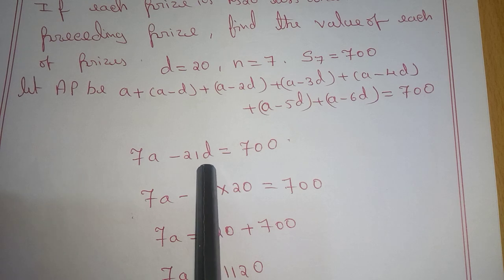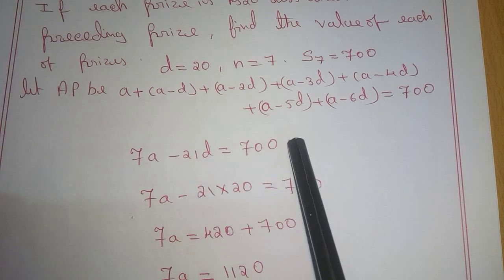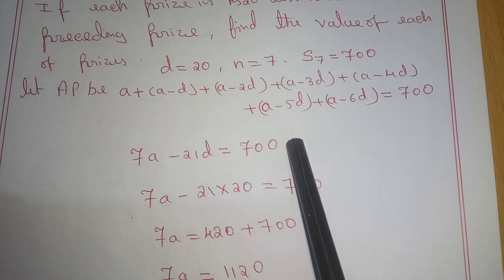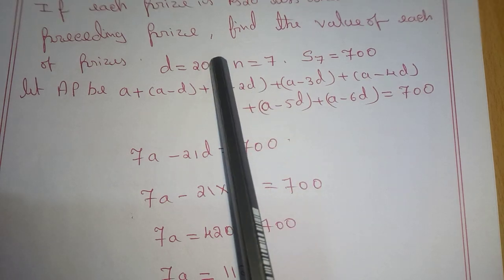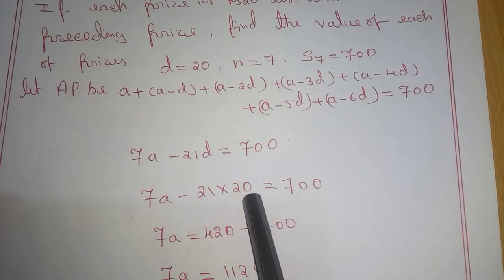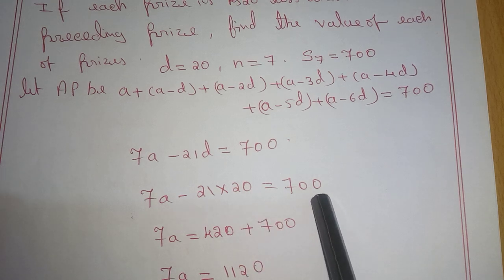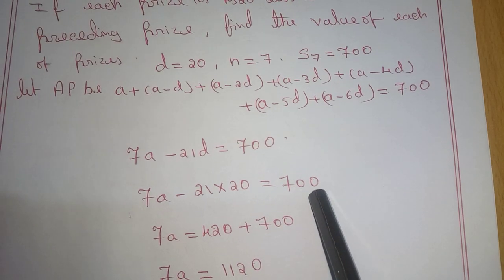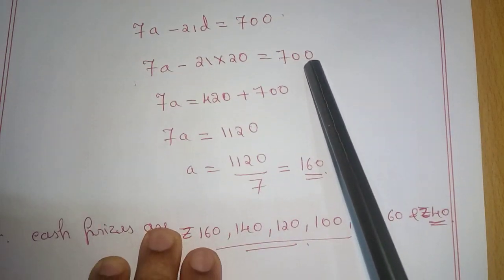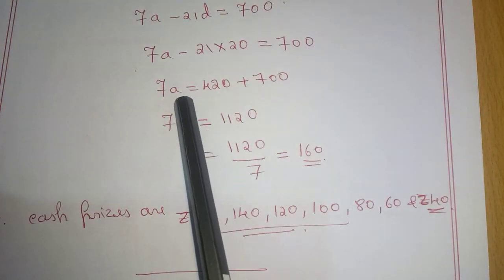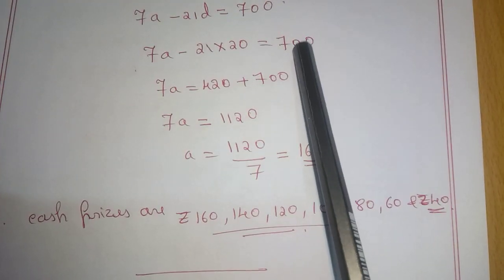Minus 21D is equal to 700. D value how much? 20. 7A minus 21 into 20 is equal to 700.